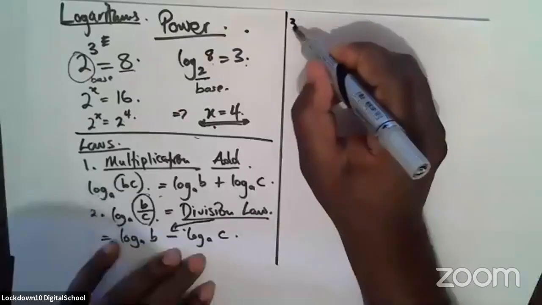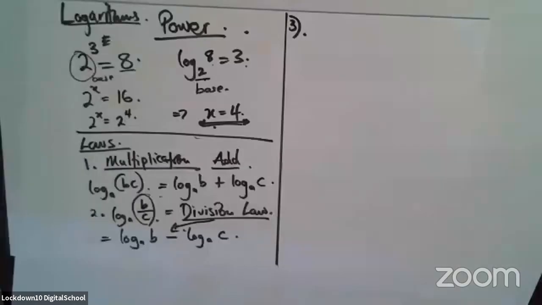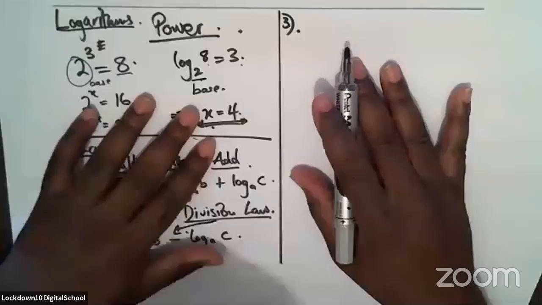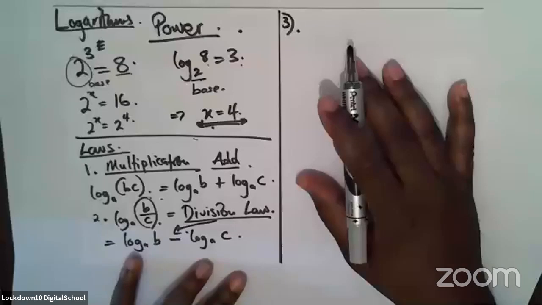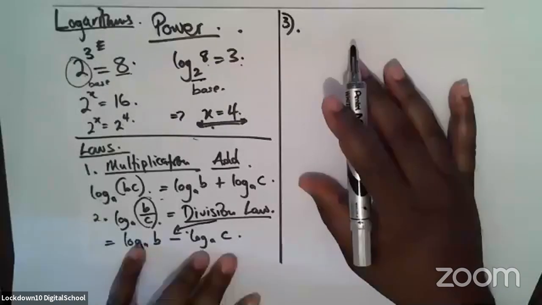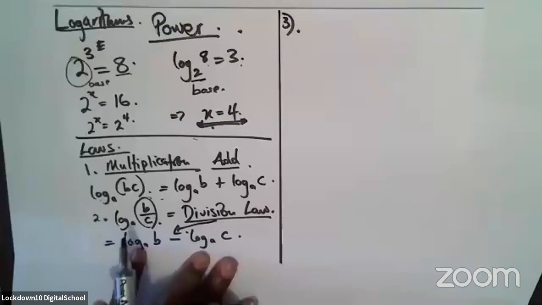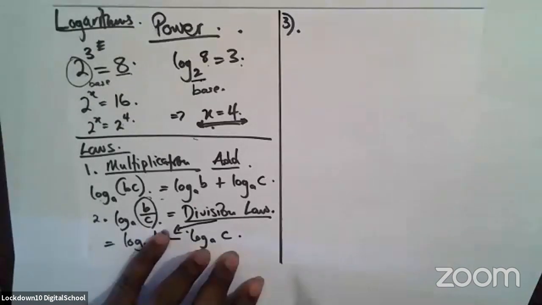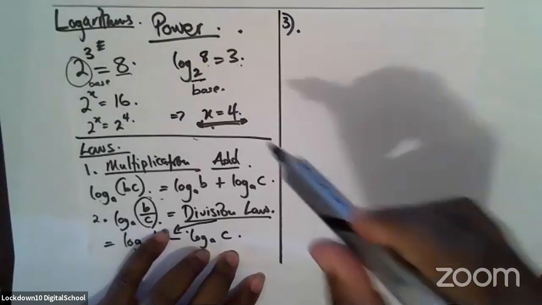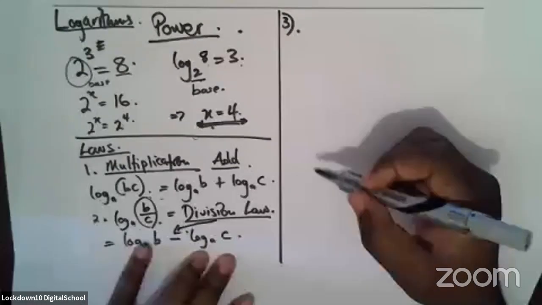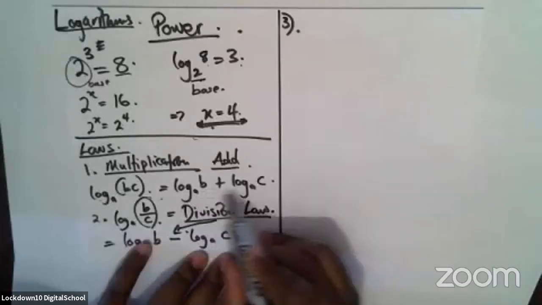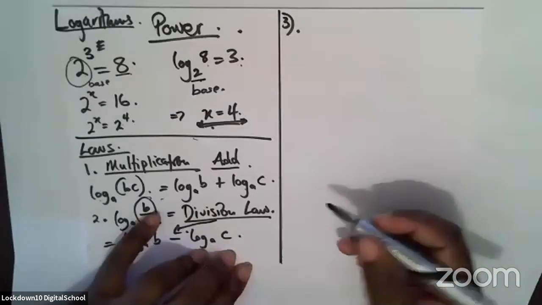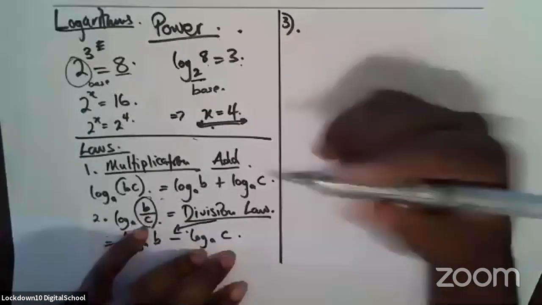Law number 3. These are important laws. You must try to memorize them. They are very critical. Law number 3 is derived from the multiplication law, which enables us to solve exponential equations. For simplicity, I'll not write the bases, because the bases are the same.